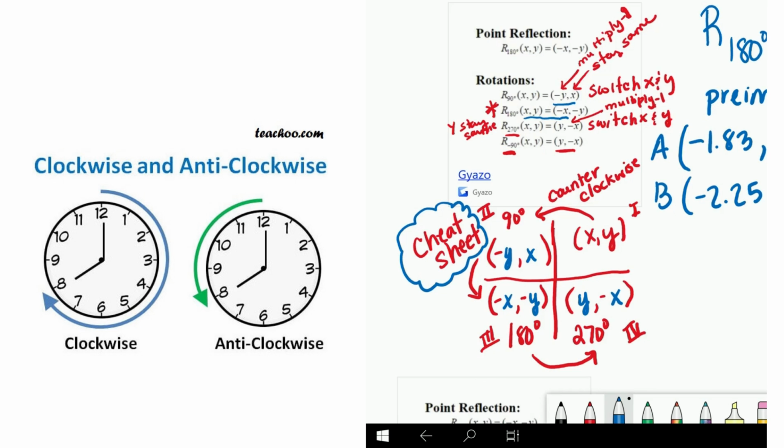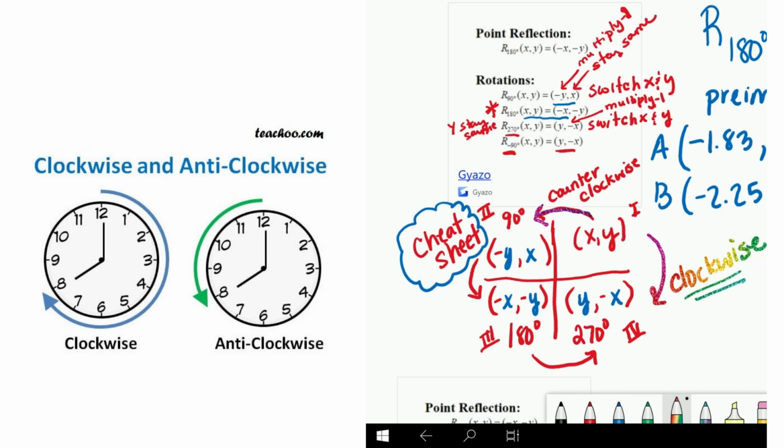All right. Lastly, what I want to bring up is clockwise. If counterclockwise is this direction, clockwise is going to be this direction, in the order of the clock.